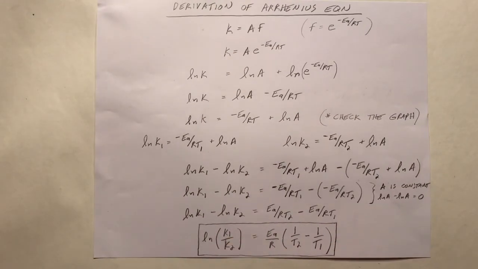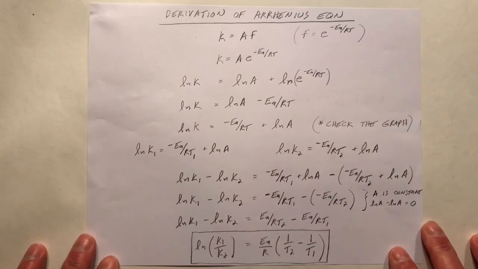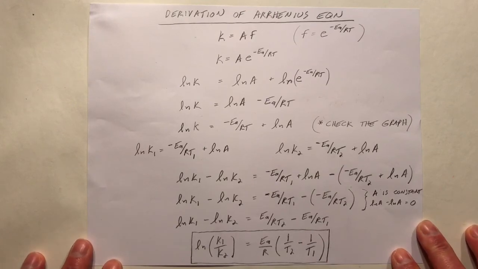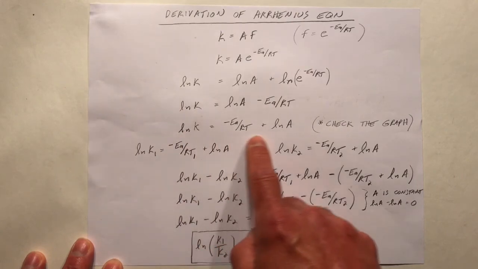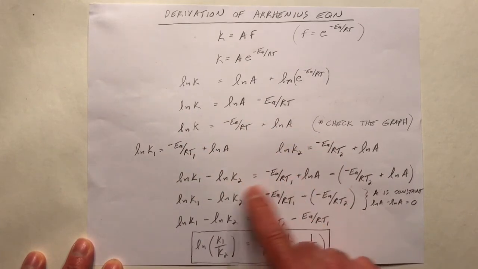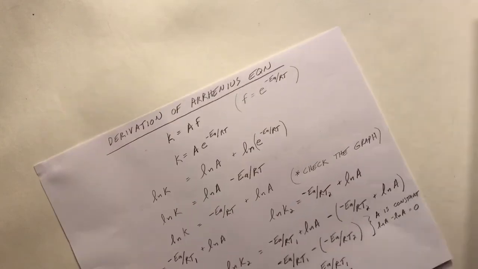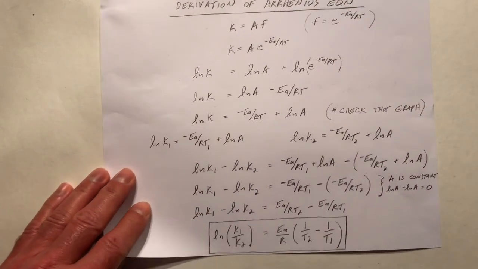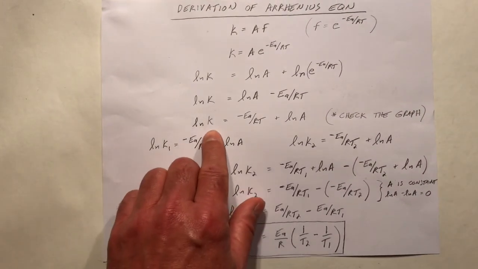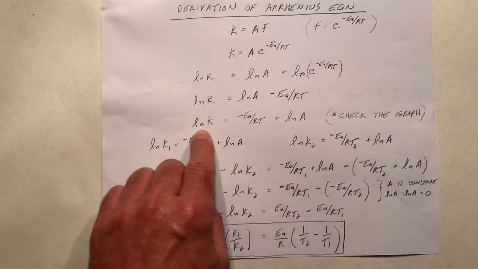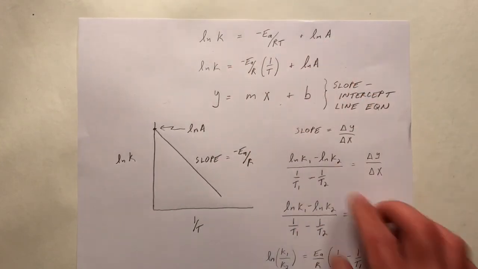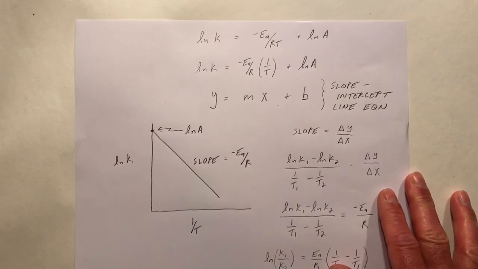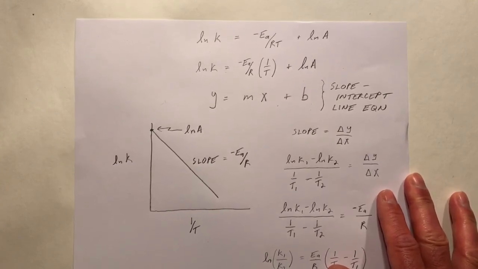Now before we go on and wrap this up, I did want to take a look at why we did this, where we solved for this equation in situation 1 and situation 2 and then subtracted those two. Let's consider that when we do this derivation and we get down to this part, this looks an awful lot like a slope-intercept form of a line equation, right?